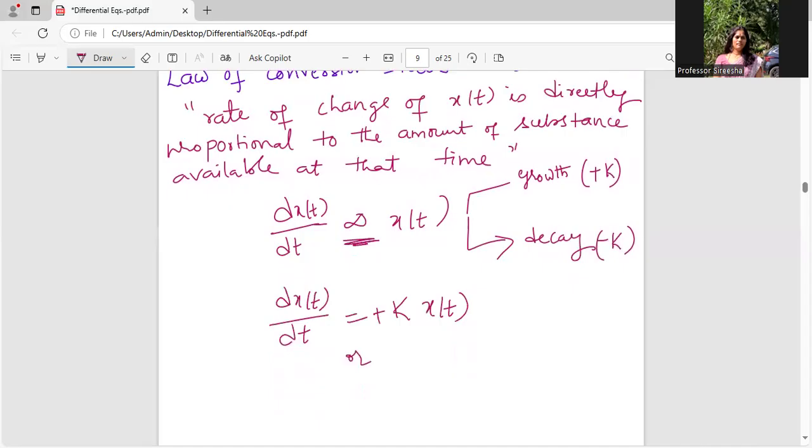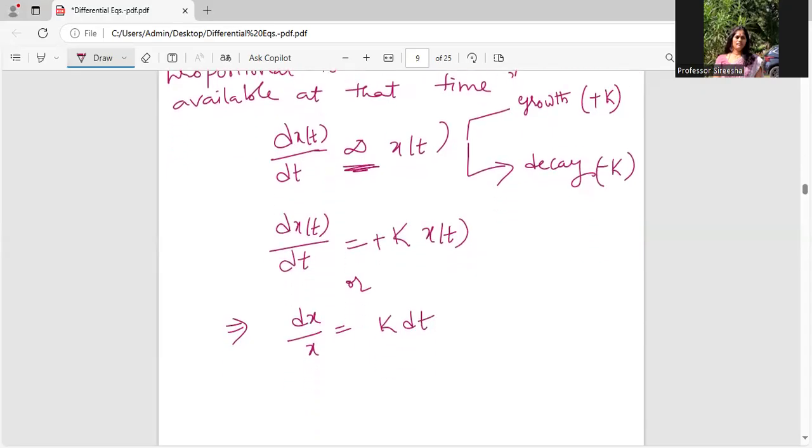Not something very big. Now, how do I solve this? I just go with variable separable. dx by x will equal k dt, whether it is k or minus k depending on the case. I integrate on both sides.